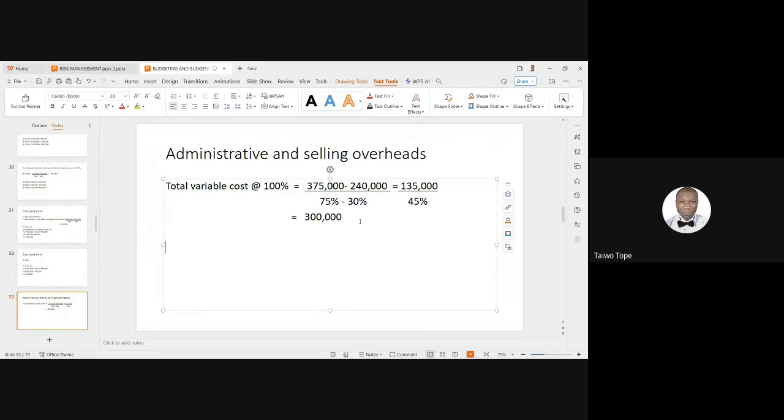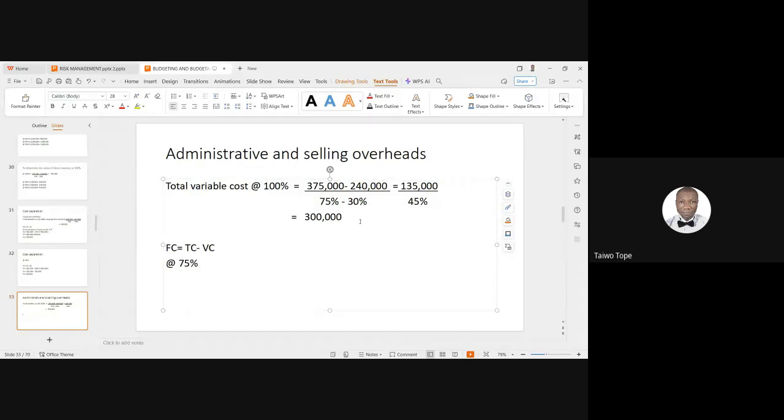So your fixed cost for admin and selling will be what? Your total cost of admin and selling minus your variable cost. So at 75%, what will be your fixed cost?